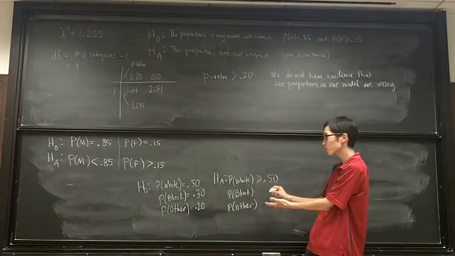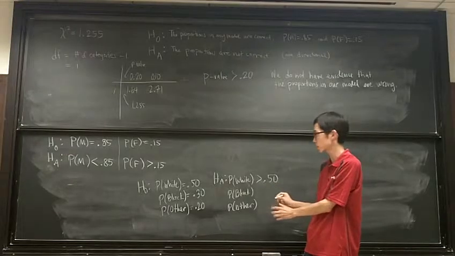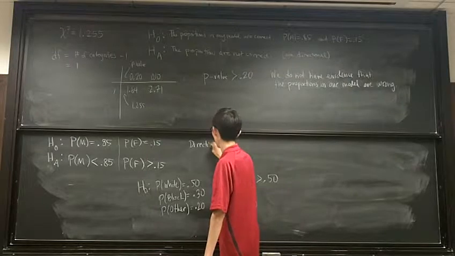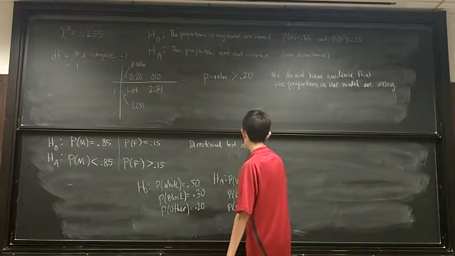So if you've got more than two categories, you cannot have a directional test. Directional tests are only for when there's two categories.